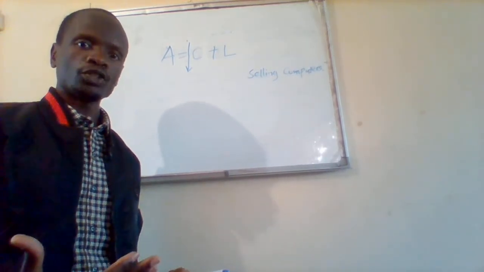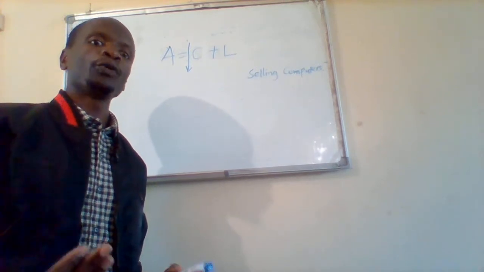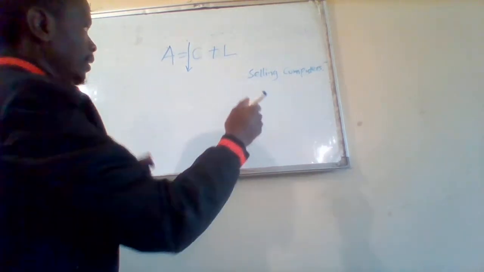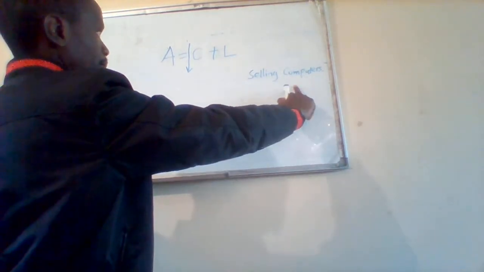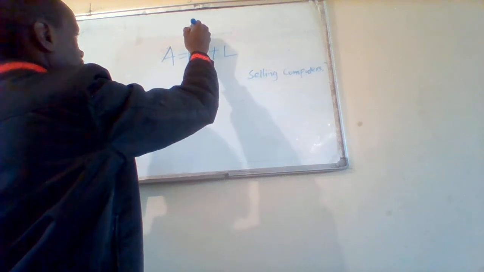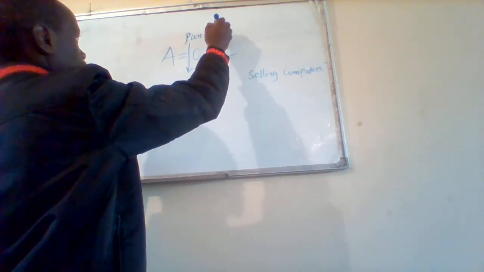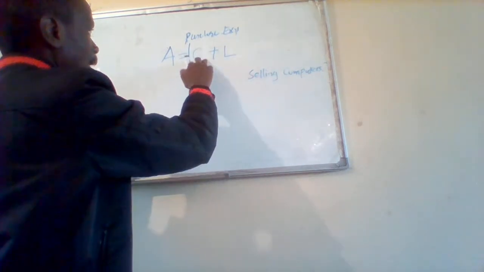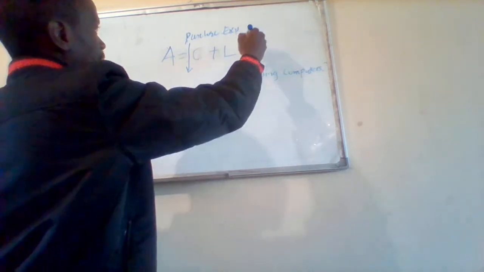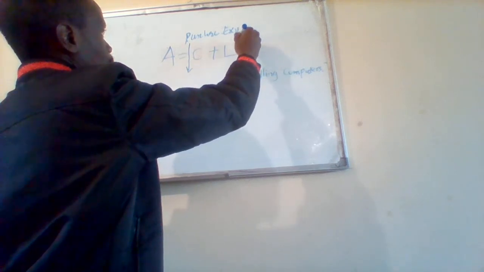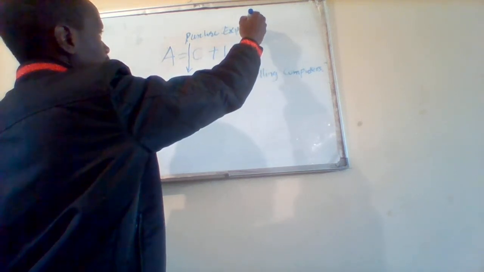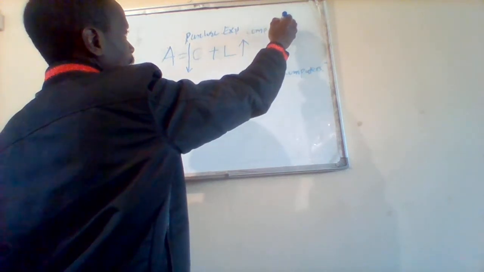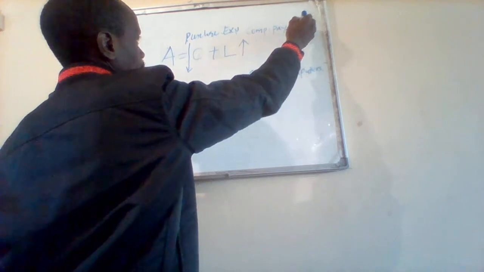Purchase on credit means you will pay later. So you have not paid. You've incurred the expense because it is a business for selling computers. So there's purchase expense, makes capital go down, and the liability goes up because this is computer payable. You will pay later. Okay.